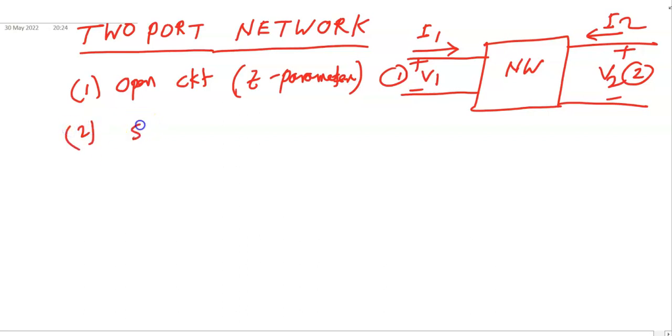Second one is the short circuit admittance parameters, or Y parameters.